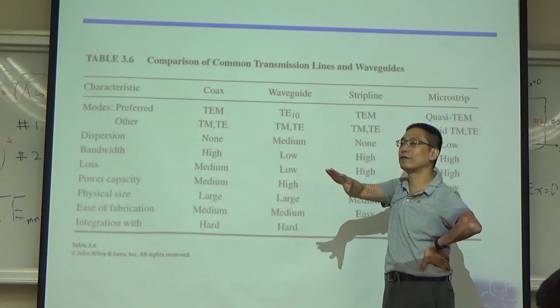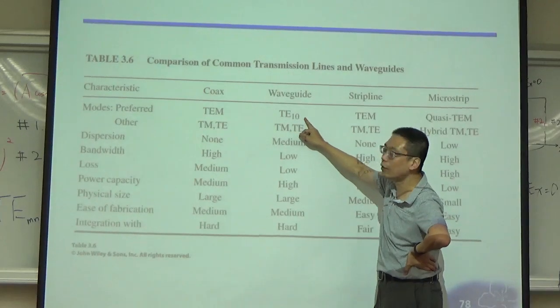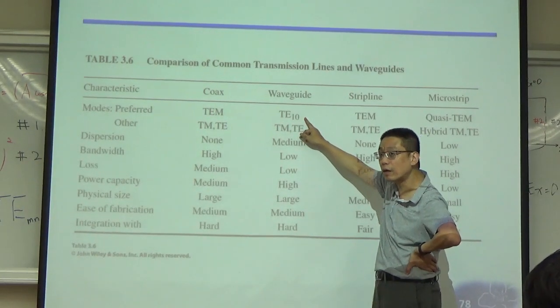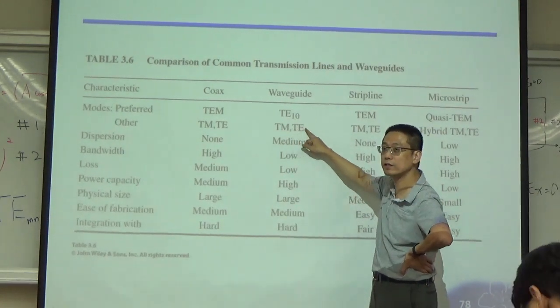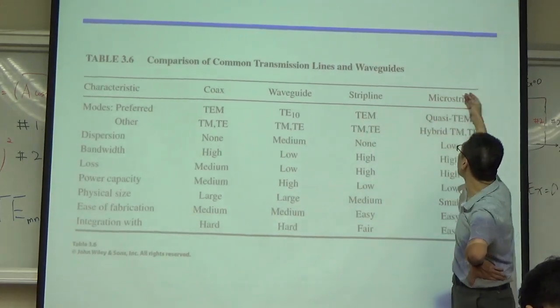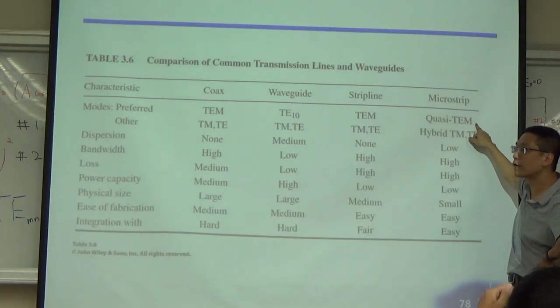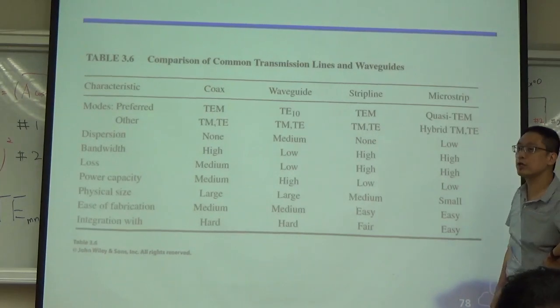Let me finish this last part. TE10 mode is the most primary, most basic mode for the waveguide. But you also have TM mode and TE mode. And for the microstrip line, it's quasi-TEM mode. And we didn't discuss dispersion.